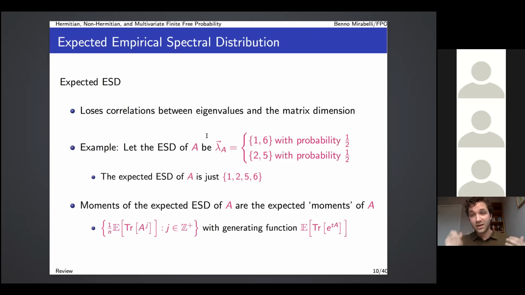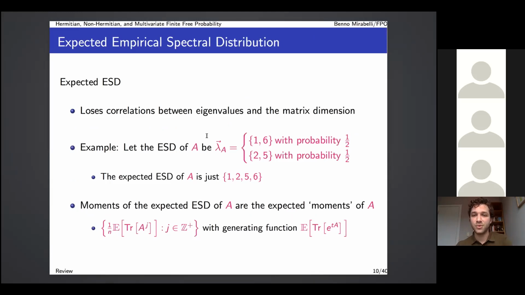The most common way to make this problem more tractable in random matrix theory is, instead of studying the empirical spectral distribution, you study the expected empirical spectral distribution. What the expected empirical spectral distribution does is it takes away the correlations between eigenvalues of this random matrix. And in so doing, you also lose the information about the underlying dimension of your random matrix.